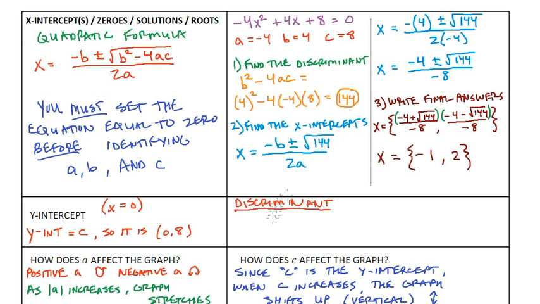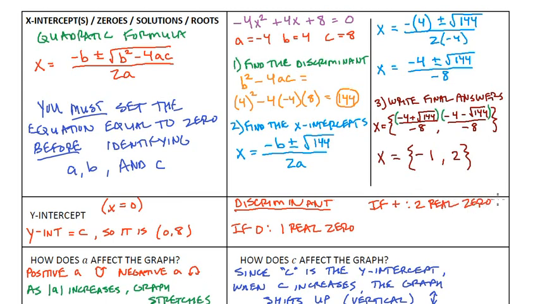If when you find the discriminant it is equal to 0, class, that means you only have one real solution or one real zero. That means this parabola only touches the x-axis at one point. If the discriminant ends up being a positive number, like our discriminant here of 144, that means you're going to have two real x-intercepts or two real zeros.